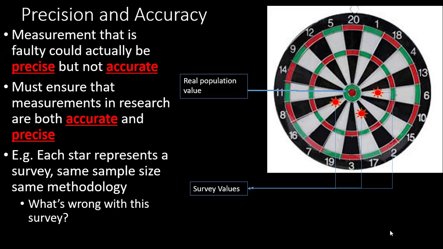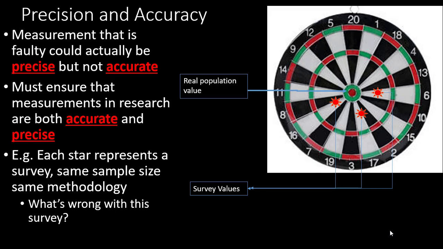Let's assume that the 3 stars you can see are our survey values, and the real value is right in the middle there. That's what we call the bull's eye. The bull's eye is where the real population value is, and the stars are where our estimate from the survey points to.